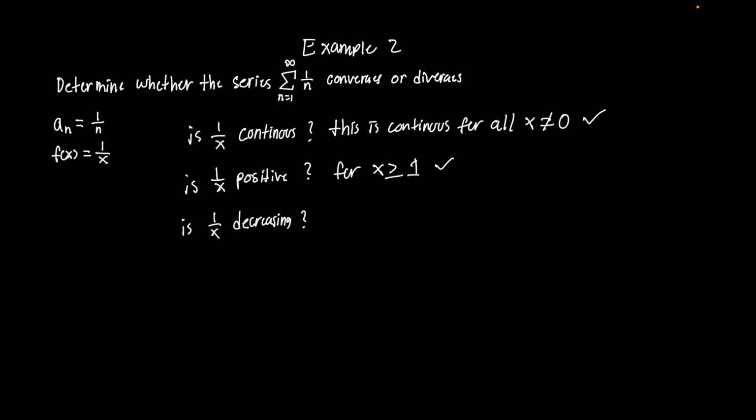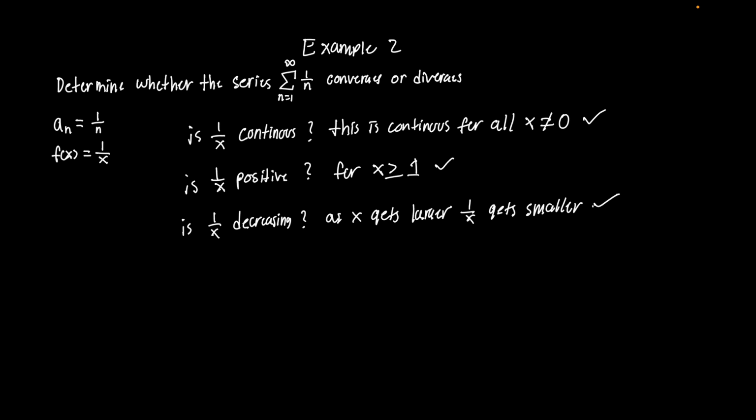Well, we know as x gets larger, 1 over x gets smaller. Same idea as last time. As you plug in bigger and bigger values for x, a small number over a big number is going to keep decreasing. So all 3 conditions apply, so you can do the integral test.